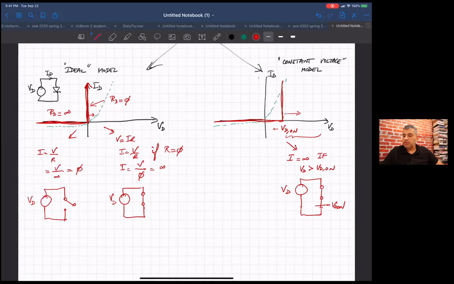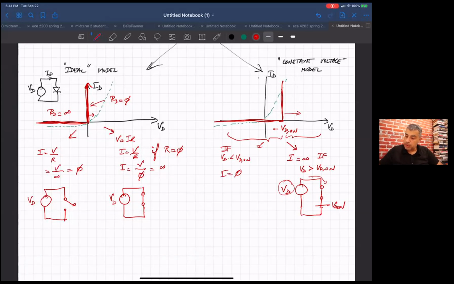They'd both start sourcing current and one of them would win. But anyway, for this discussion, you just end up sourcing an infinite amount of current into this VD on, because again, this guy is able to apply an infinite amount of current. And then if V sub D is less than VD on, then again, I is 0.